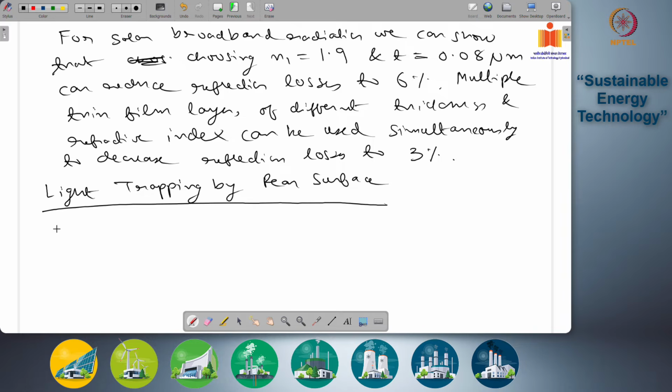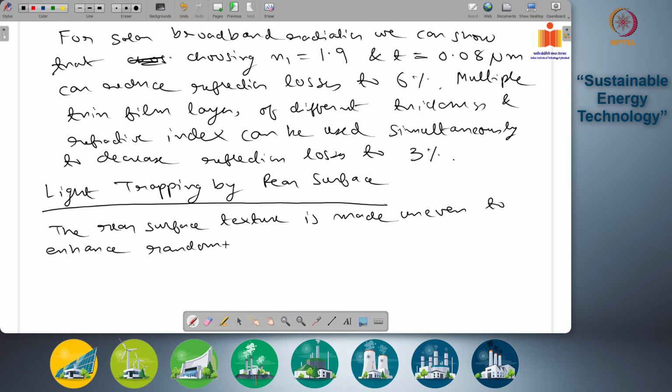So here the rear surface texture is made uneven to enhance randomized reflection of photons back into the cell.